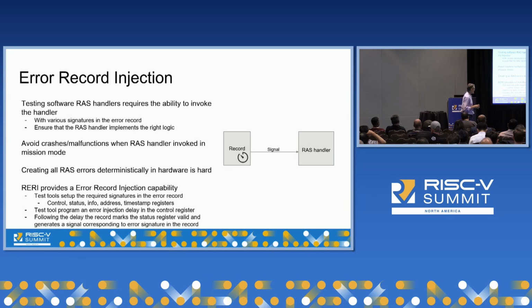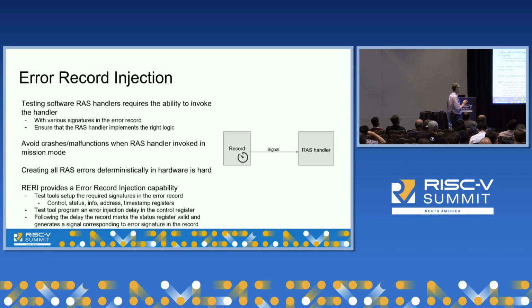And so the idea is that test software can come along and set up an error record within a bank, configure how it's going to be signaled, although it won't be signaled right away. And then it'll configure an error injection delay counter that'll start counting down. Presumably this has all been happening during normal system operation.